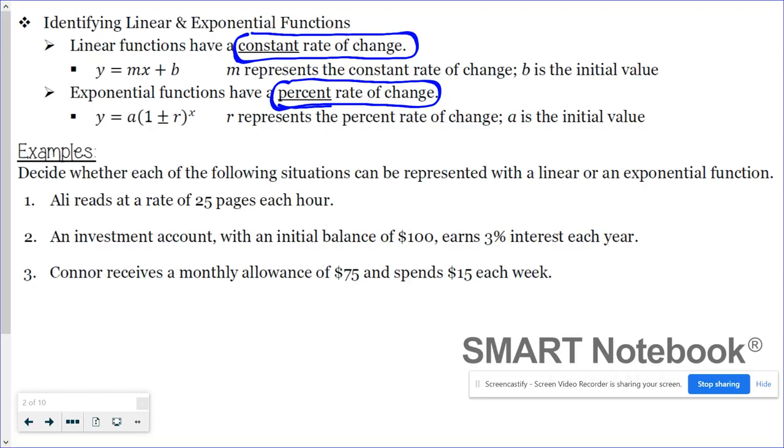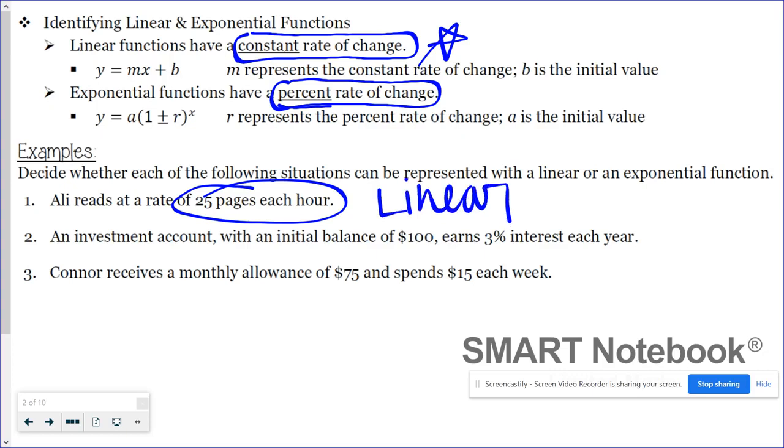So number 1, it says Allie reads at a rate of 25 pages each hour. That's a constant rate of change, which makes number 1 best represented with a linear function. All right, so problem 2. An investment account with an initial balance of $100 earns 3% interest each year.